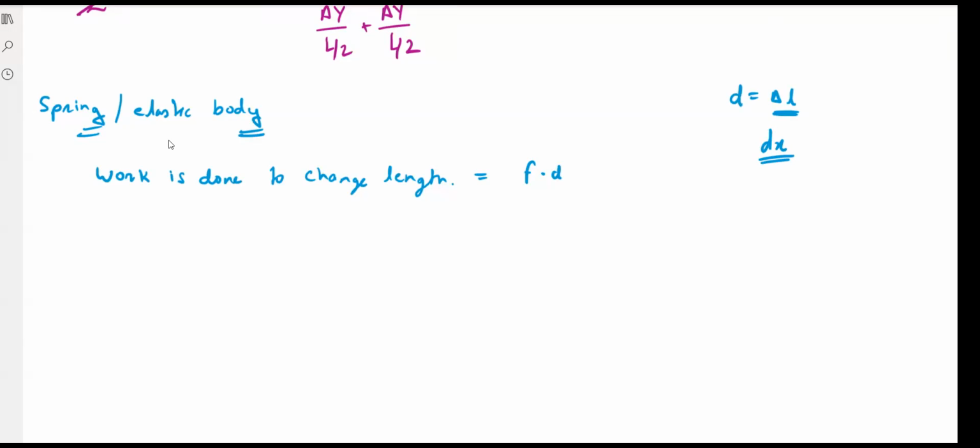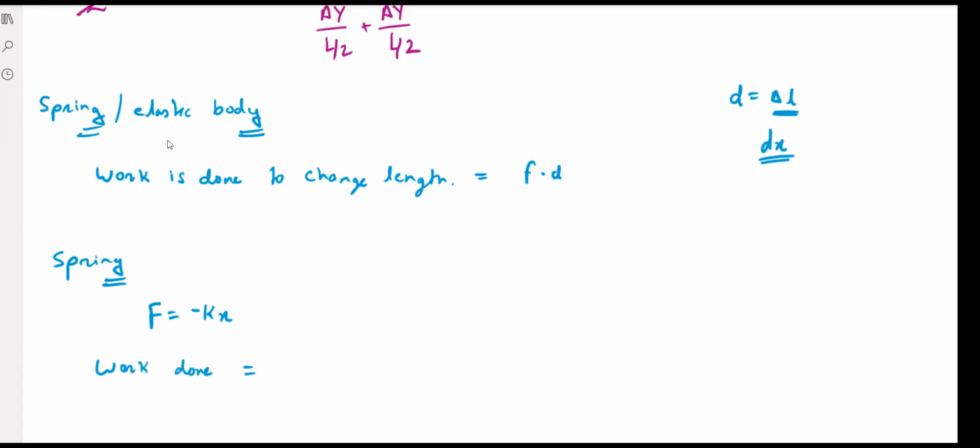So tell me, first of all, let's talk about spring. So for spring, what is the value of spring force? Tell me, step by step. खुद बताओ, what is the value of spring force? Minus kx, yes or no? Right? Magnitude wise kx, है ना? So when you talk about work done, right?